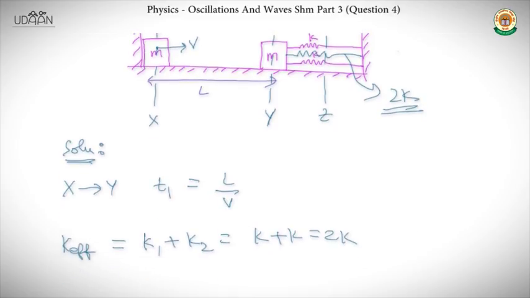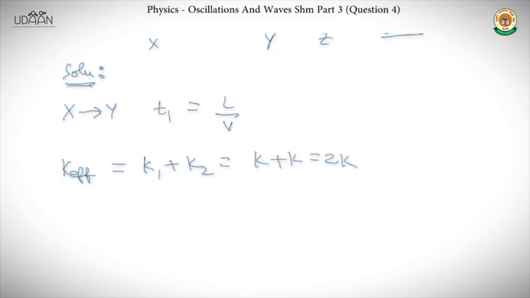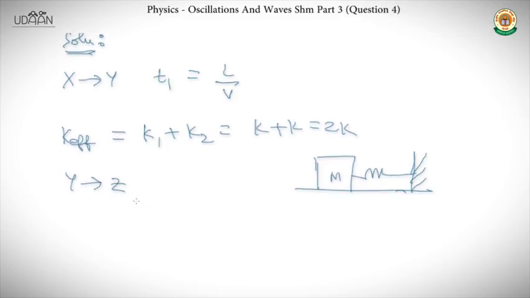So this part of the problem, the motion from y to z, you can observe that it will be in SHM, which is your normal horizontal spring block system. So if you give a velocity v to this block, it will be executing SHM. The time period of this kind of motion is 2 pi under root m by k.